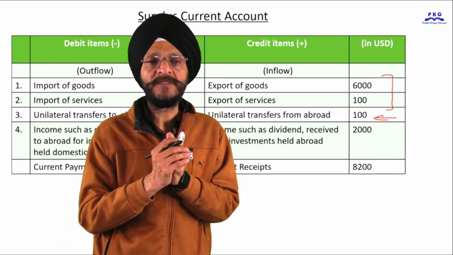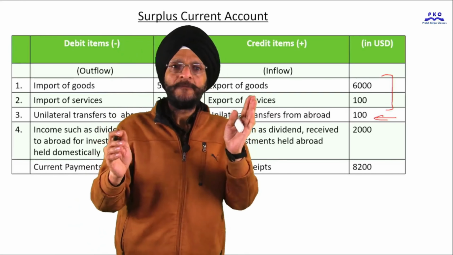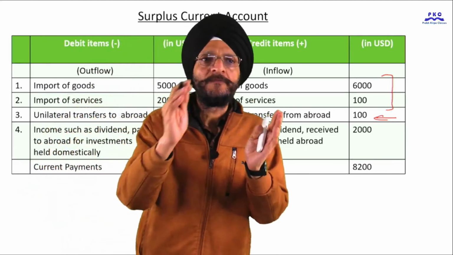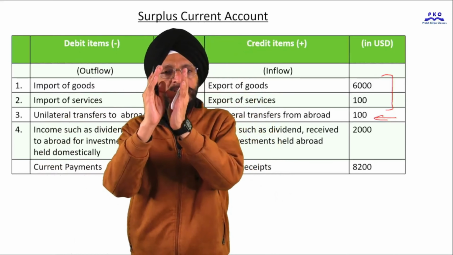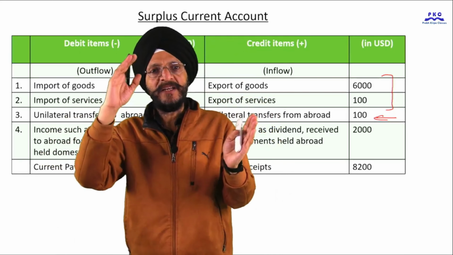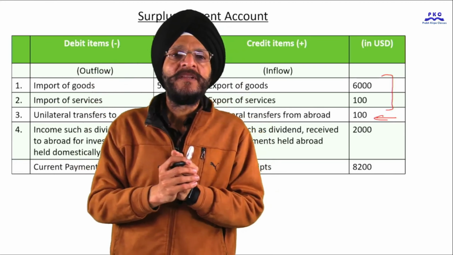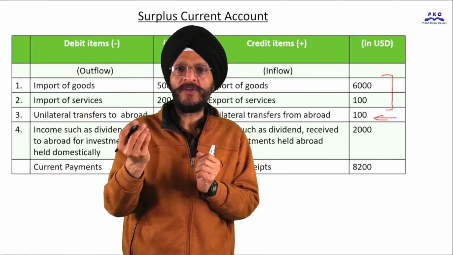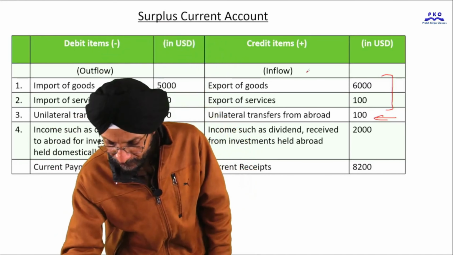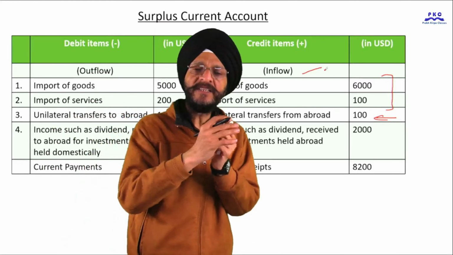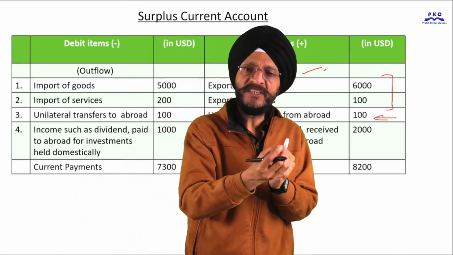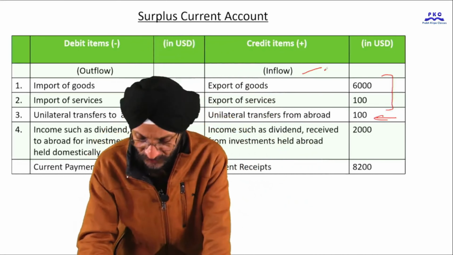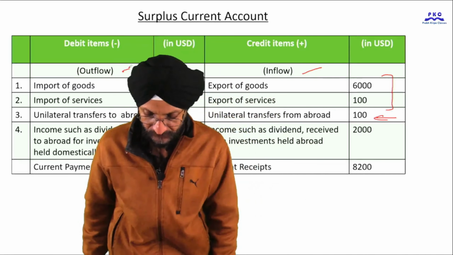Why is it surplus? As you know, in the current account or in the balance of payment account, we have to keep transactions on the debit side and on the credit side. All the transactions which result in inflow of foreign exchange are recorded on the credit side, and all the transactions which result in outflow of foreign exchange are recorded on the debit side.